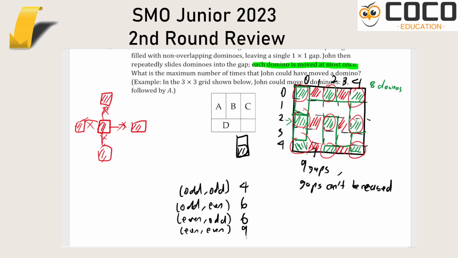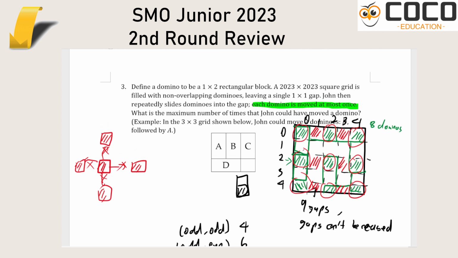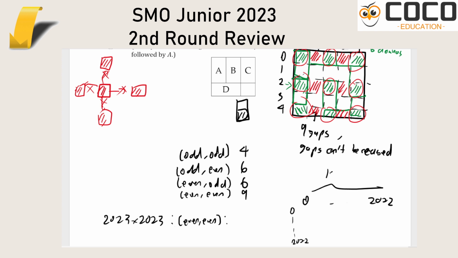And the same strategy works for the 2023 by 2023 grid. If I want to label it like this, 0 to 2022 on both sides, that means that there would be 1012 even numbers and 1011 odd numbers.